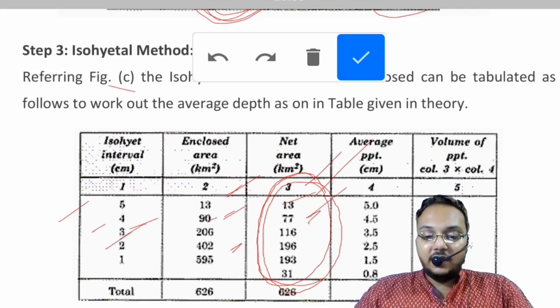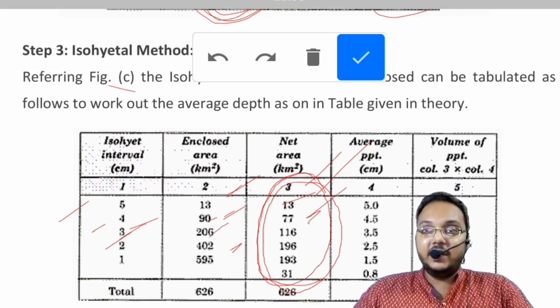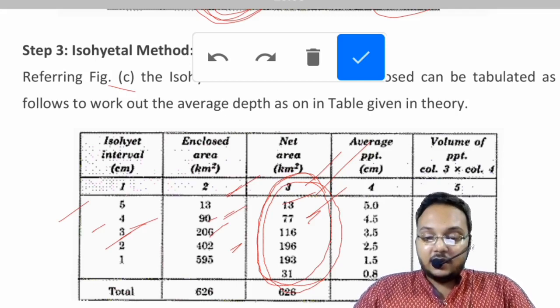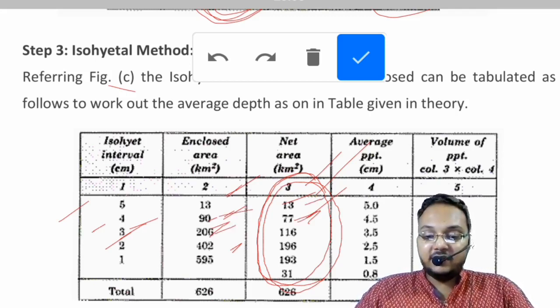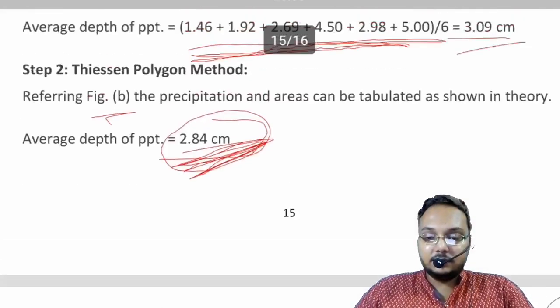Similarly, for the third, the 3 centimeter isohyetal gap, 206 kilometer square will be the area enclosed, and therefore the net area will be 206 minus 90, which gives us 116. That is the net area of the 3 centimeter interval. For the 2 centimeter interval, the area enclosed is 402 kilometer square.